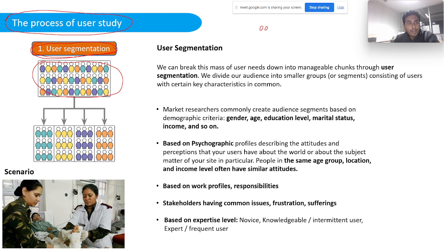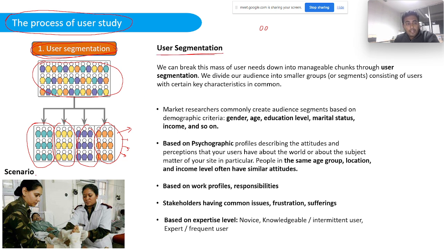However, if you can categorize a particular set of users based on certain criteria, probably you will be able to collect information on similar problems or similar activities. For that reason, we do user segmentation as an initial task.